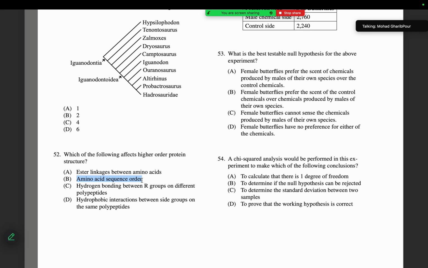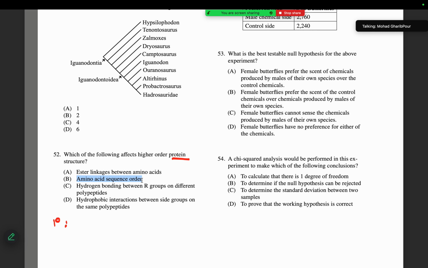For primary, what determines primary structure? Primary structure of proteins. That's just like the order of amino acids. That determines structure, is it not? By primary structure, I'm talking about the 3D form of the protein.